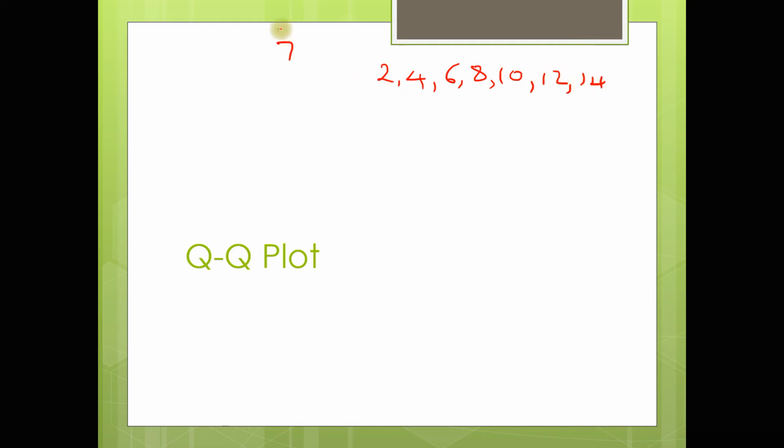So you've got seven numbers, 1, 2, 3, 4, 5, 6, 7. And then from these seven numbers, there is something that you are used to, which is what we call the quartile.